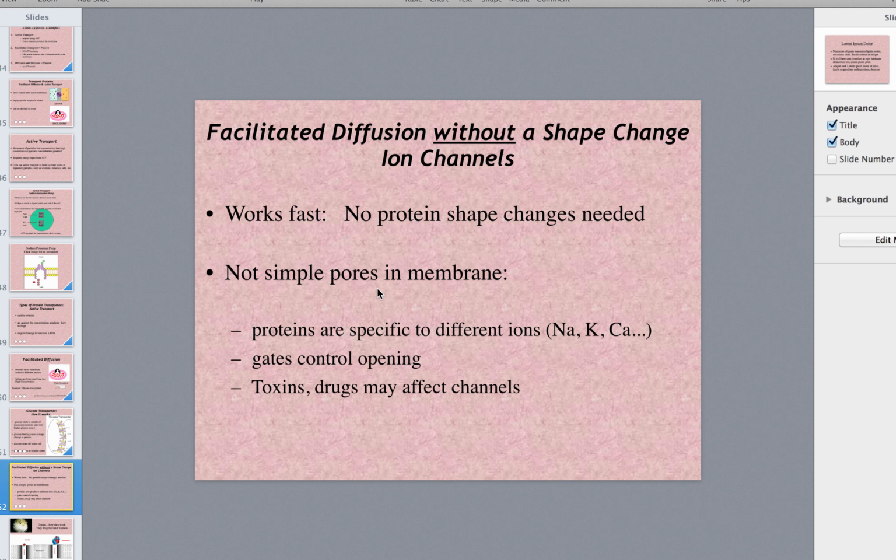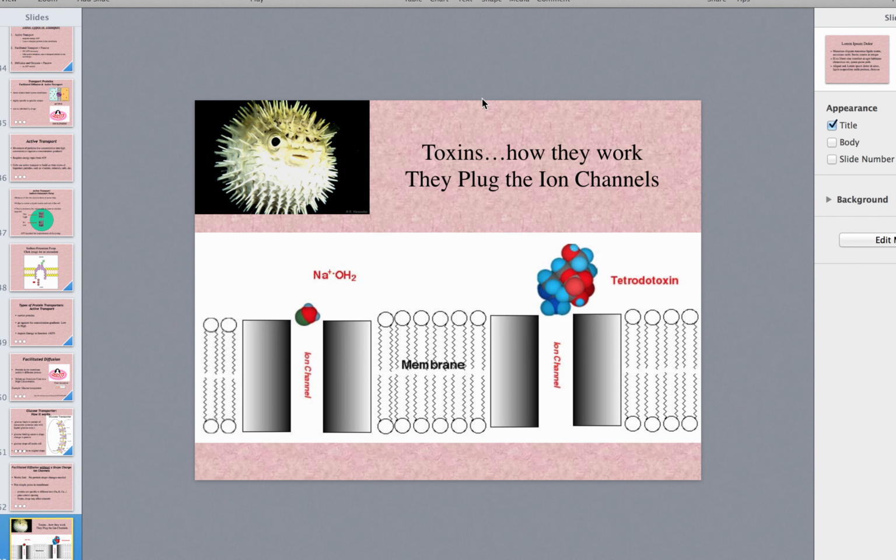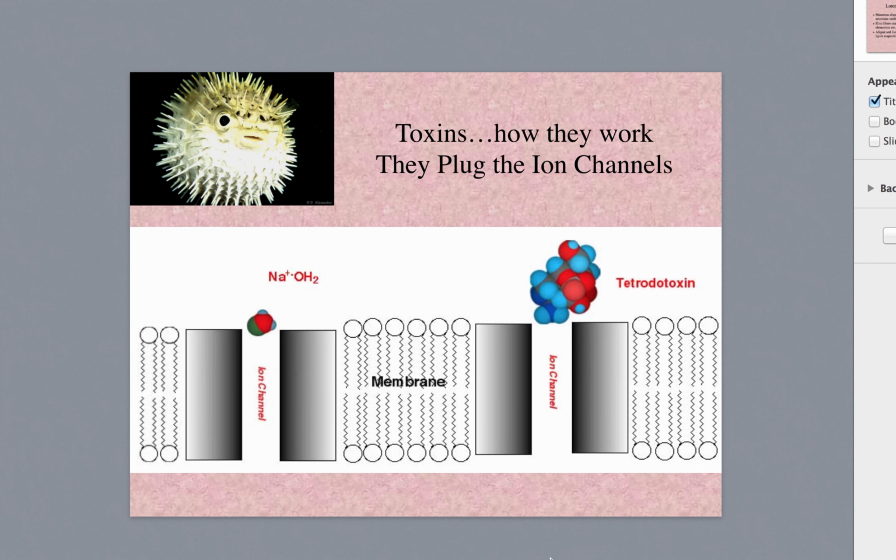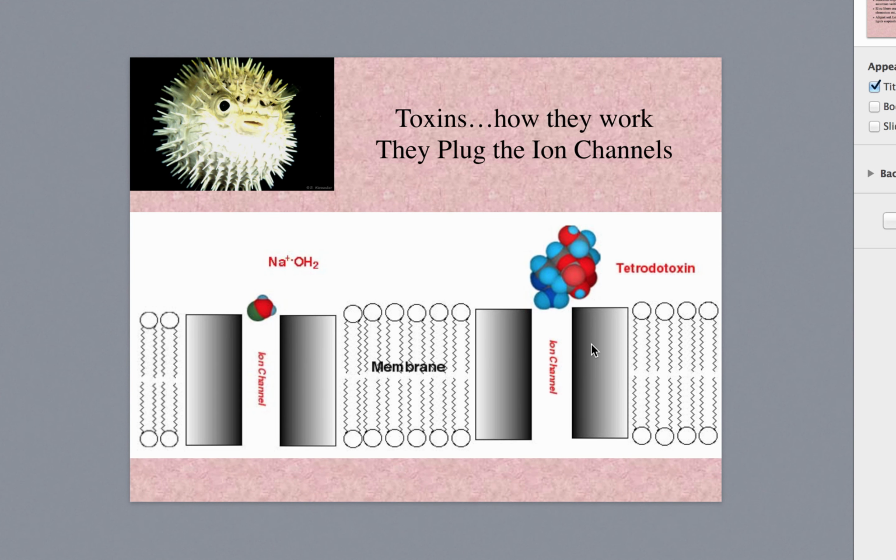As soon as I mentioned this, I wanted to talk a little bit about these ion channels and tetrodotoxin. If you look at a pufferfish, it produces this extremely powerful toxin. When you poison someone, for example, cyanide basically poisons your mitochondria and they don't work. And if your mitochondria don't work, no energy, the cell doesn't work.